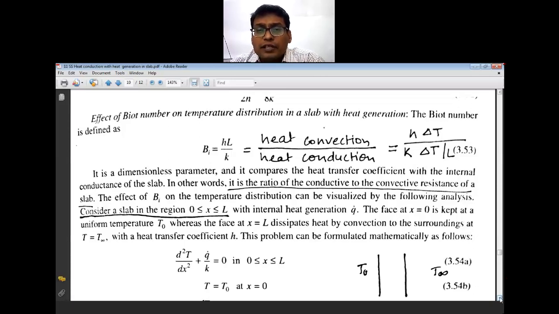Now basically what is a Biot number? That is equal to HL upon K. Now this HL upon K, what is that? It is the heat transfer rate in convection upon the heat transfer rate in conduction. Heat transfer rate, we generally write HA delta T, right?